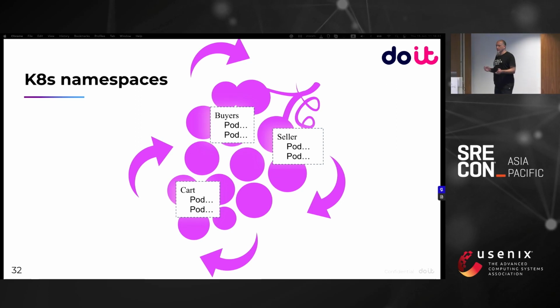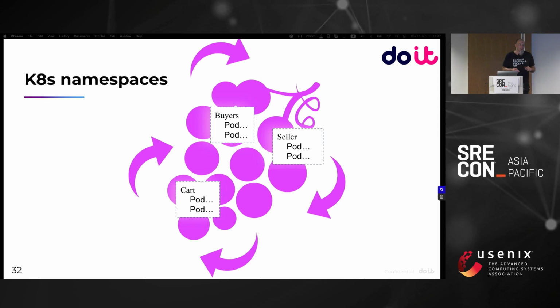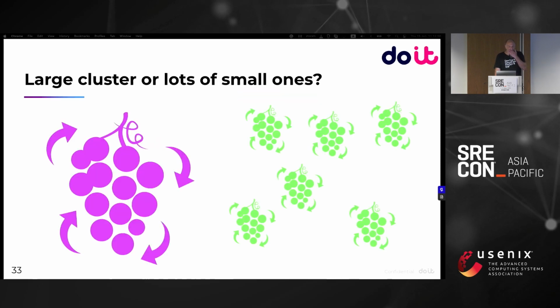So you could have different namespaces in which all the pods, all the deployments dealing with buyers are in one namespace, sellers, shopping cart, and namespaces can be a separating. It's not quite as default a separation as you get between Google Cloud projects, but similar. And you could even create different smaller clusters, which is a useful way of defining groups for isolation. Blast radius, reducing the blast radius, a little bit more cost efficient to have a large cluster.